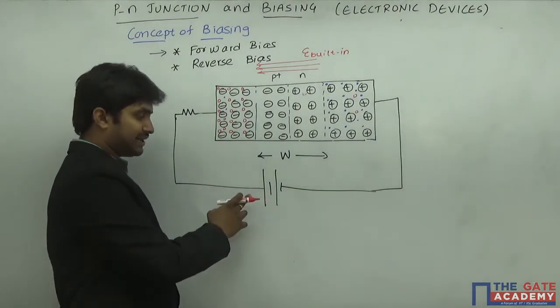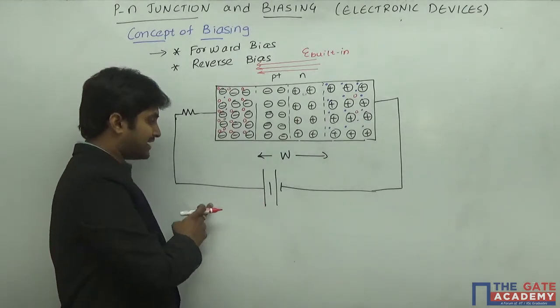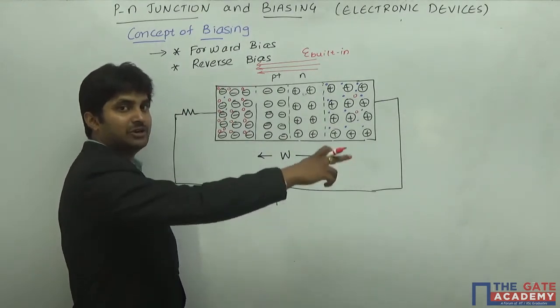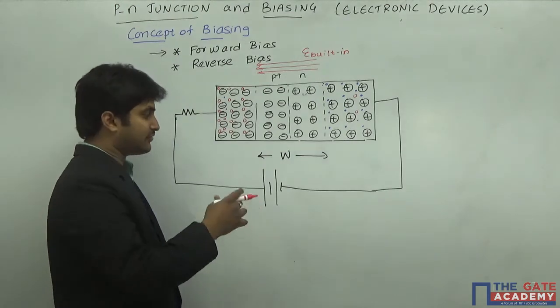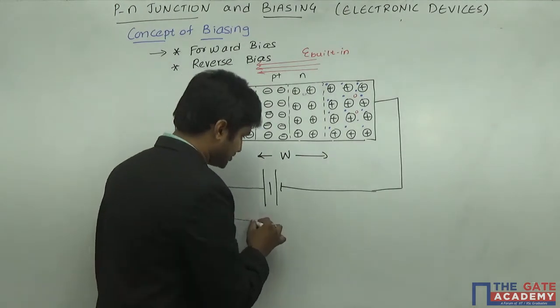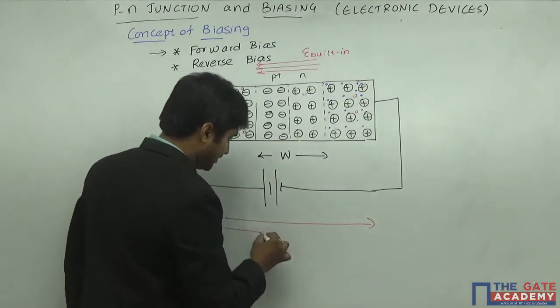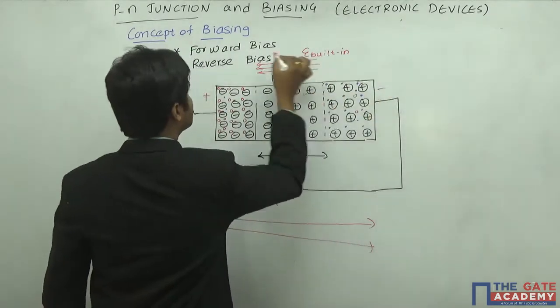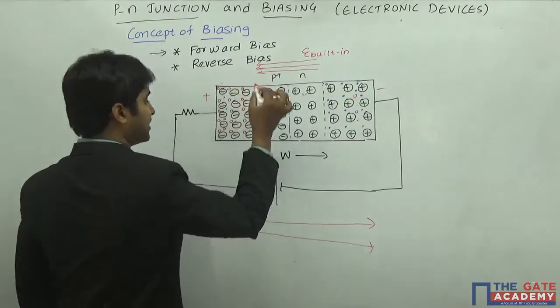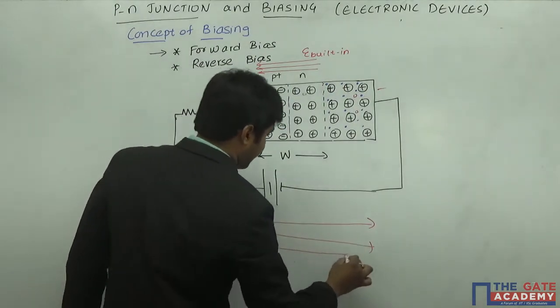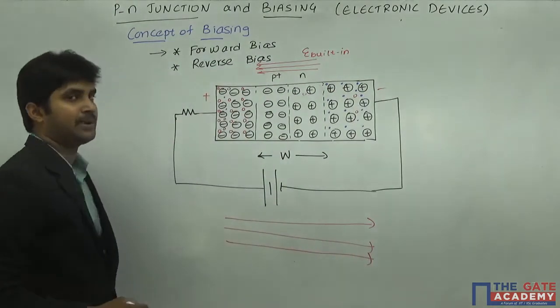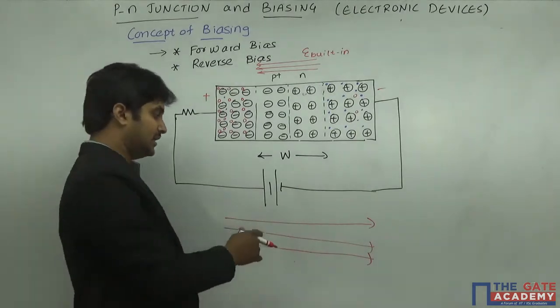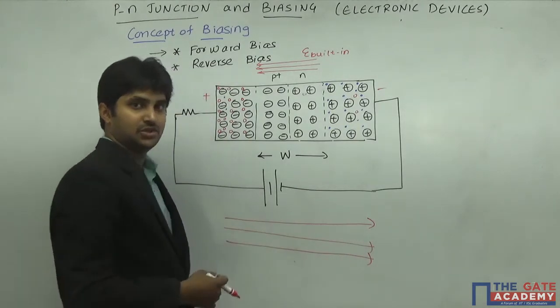Now, whenever you are applying an electric field where the positive terminal of the battery is connected to the P side and the negative terminal to the N side, the direction of the field is going to be in this direction, because you are applying positive here and negative here. So the direction is going to be from positive to negative. Therefore, the external or applied electric field will be in this particular direction.